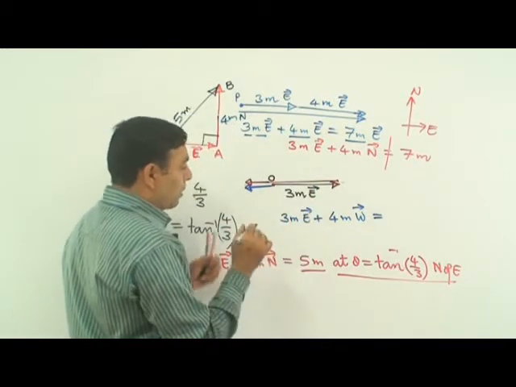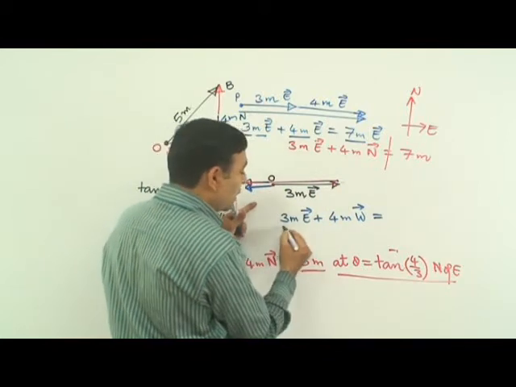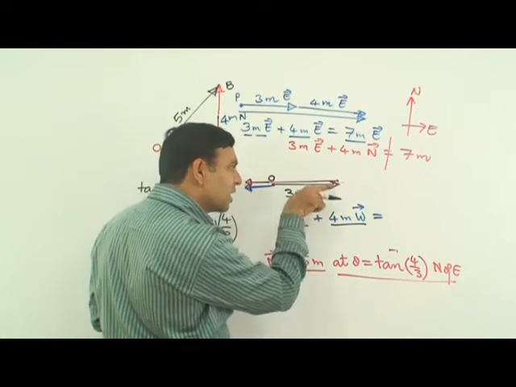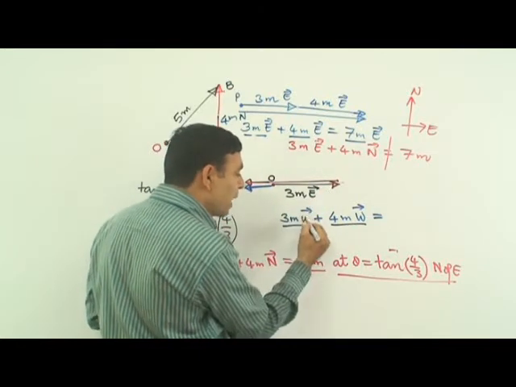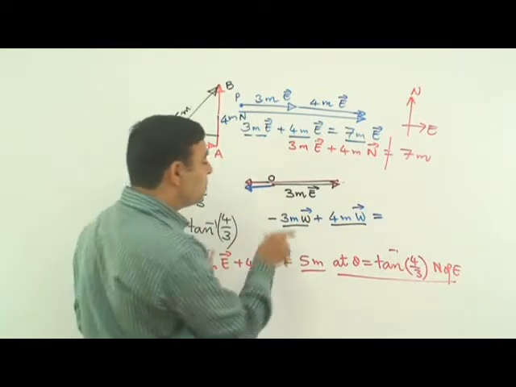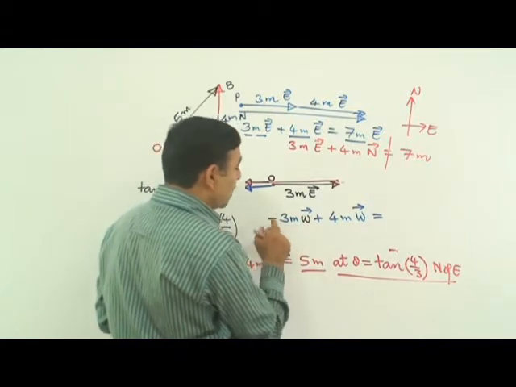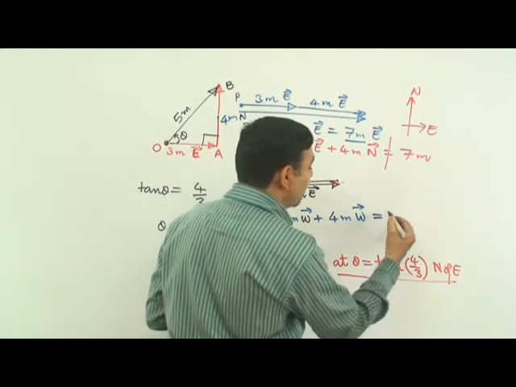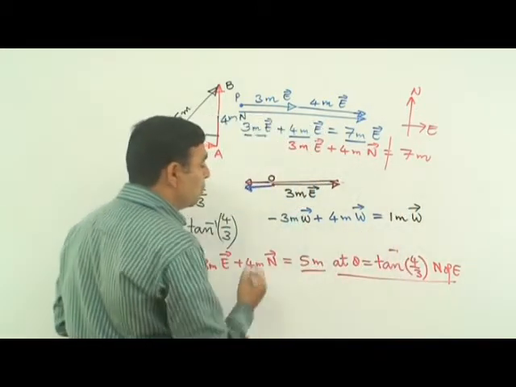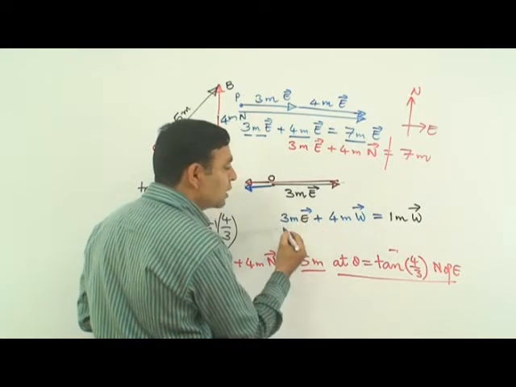That means I want to add this 3 east and 4 west. I can safely write this east direction as minus west direction. Because east and west being opposite to each other, east can be written as minus west, and then I have minus 3 meter west plus 4 meter west becomes 1 meter west. So that's going to be the value. Let me bring it back and write 3 meter east over here. So 3 east plus 4 west becomes 1 west.